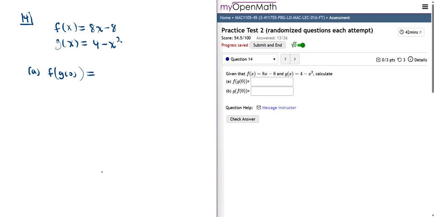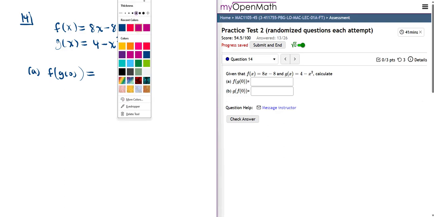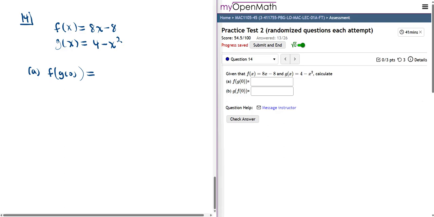So I'm going to start by using my outer function. My outer function here is f. So I'm going to take my outer function and write it down, 8 times something minus 8. So I just rewrote the function without the x in it.